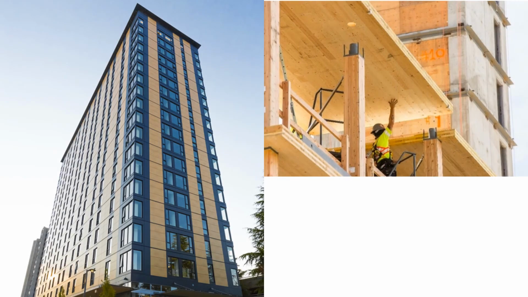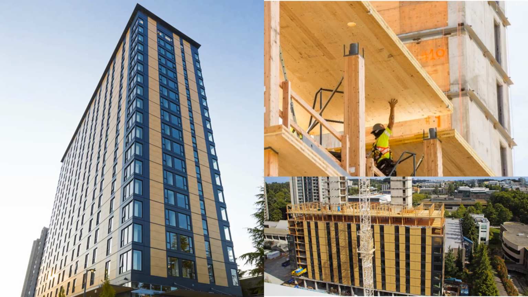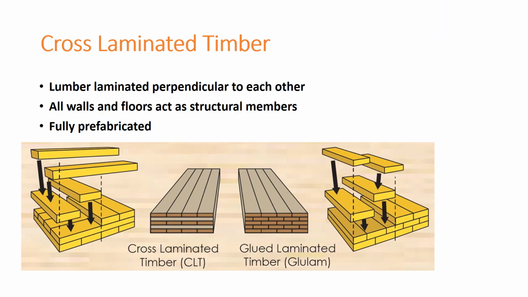At that time in 2017, we were inspired by the 18-story tall building in the world, which is the Brock Commons building. We used primarily CLT. CLT, for those of you unfamiliar, is cross-lamination of lumber into making large-sized panels that could be used as floors or walls.